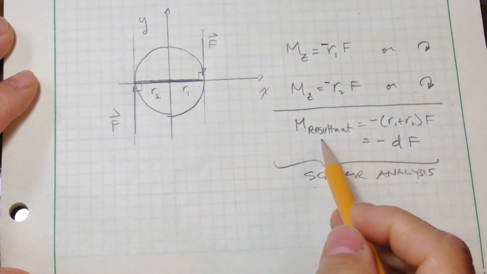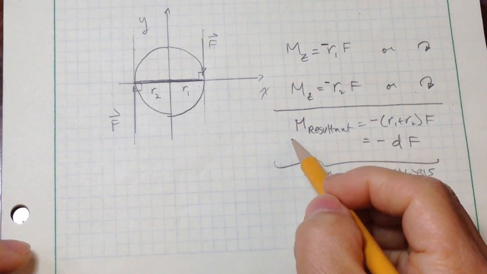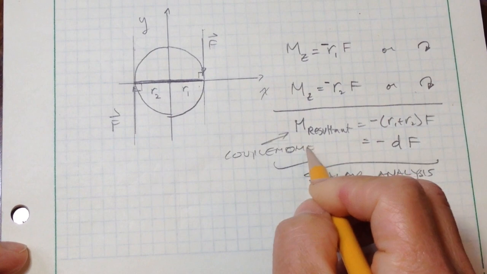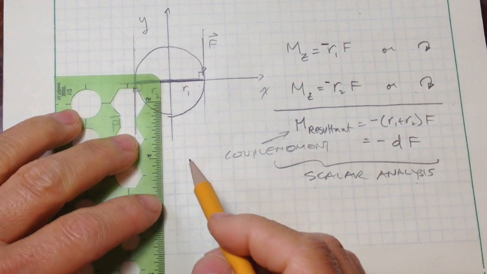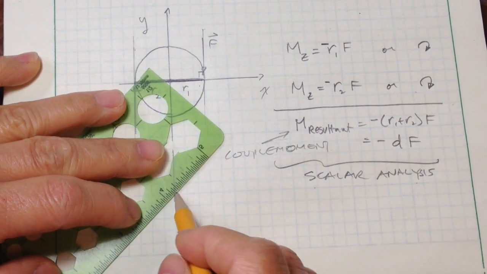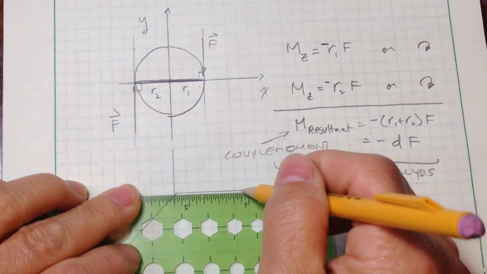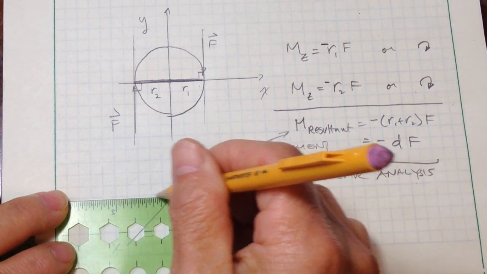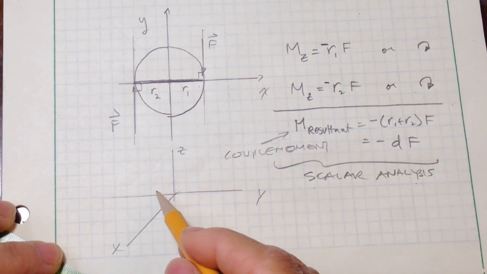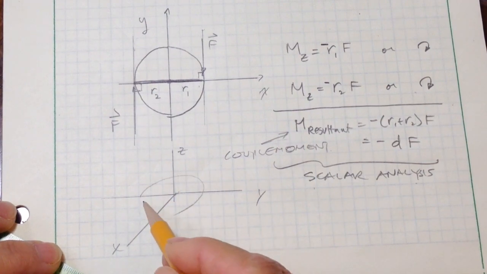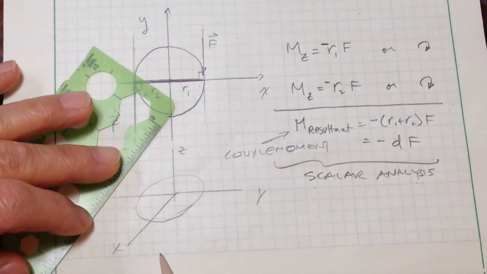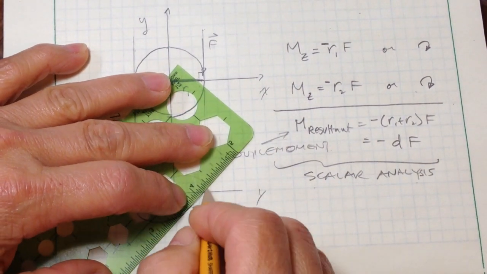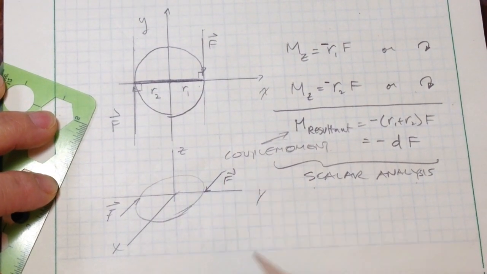We can also draw this moment vector, or this couple moment, in a 3D fashion. So let's say I have my X, Y, Z axis here. The wheel lies in the XY plane, so it would look something like that. And the force was applied in that direction. The other force was in that direction.